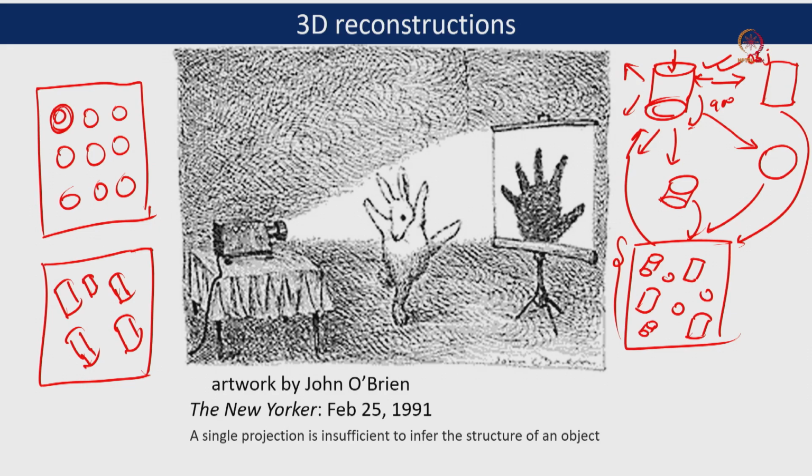From this kind of pattern we will end up with a wrong 3D structure, because if you back project all of them, we will just get one circular disc. We are not fulfilling all the angles of this 3D structure.